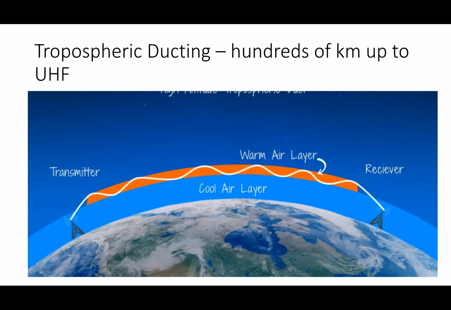And the difference in air density between the layers of air allows for some reflection of radio waves. And then since this warm air layer can lie there over a distance of many hundreds of kilometers, it can act like a waveguide for the signal. So one can get some extraordinarily strong VHF signals over extraordinarily unexpected distances from time to time.